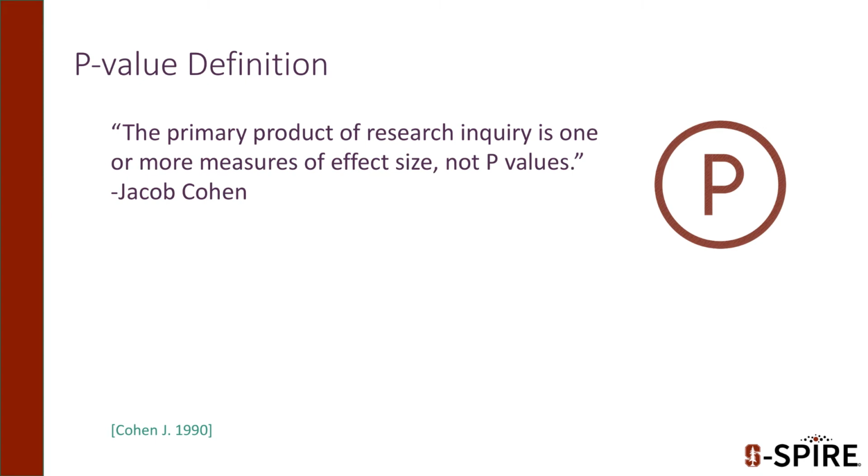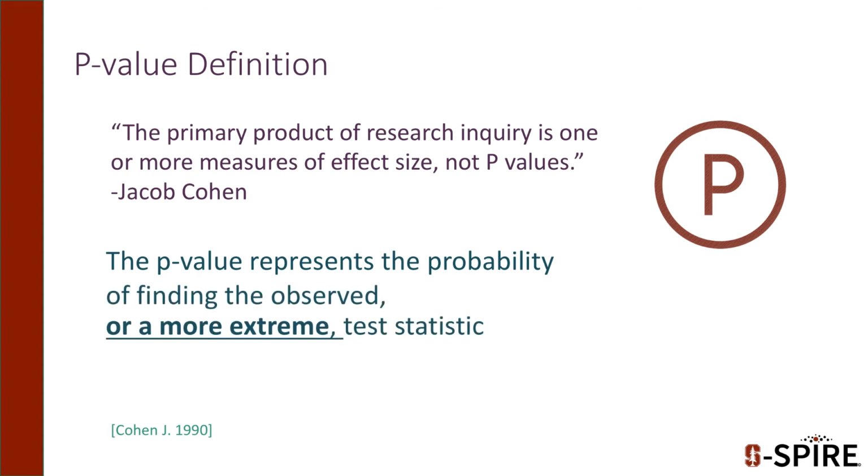Jacob Cohen reminds us that the primary product of research inquiry is one or more measures of effect size, not p-values. The definition to keep in mind is that the p represents the probability of finding the observed or a more extreme test statistic if the null hypothesis is true.